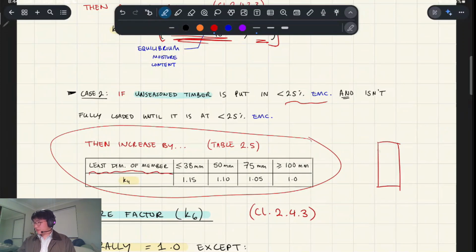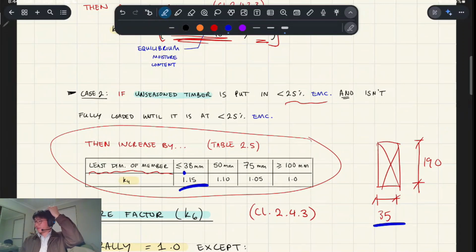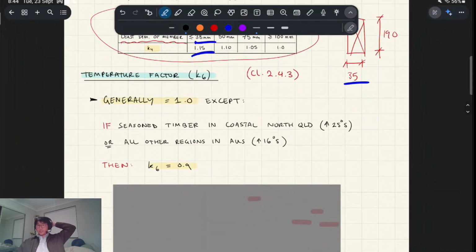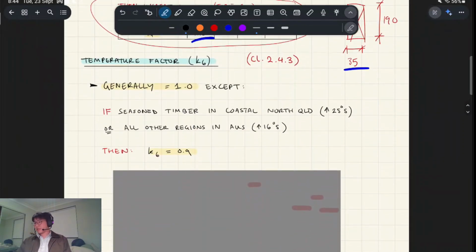If this cross section is like 190 by 35, we would go for the least dimension of 35, which is less than 38, and then our K4 factor is 1.15. Cool, hope that's making sense. That's to account for seasoning, partial seasoning.